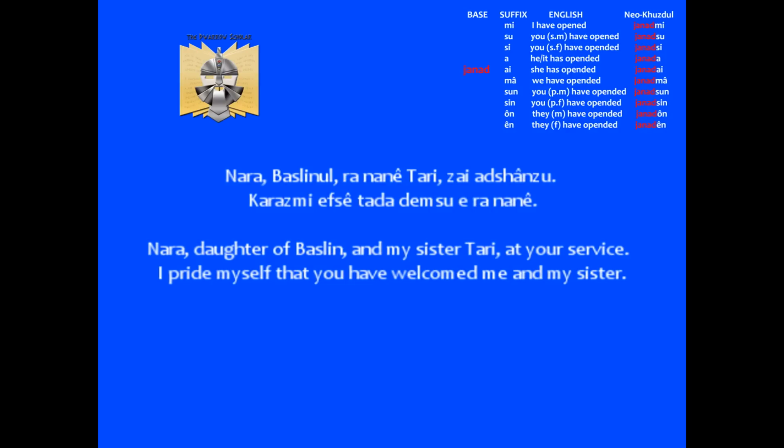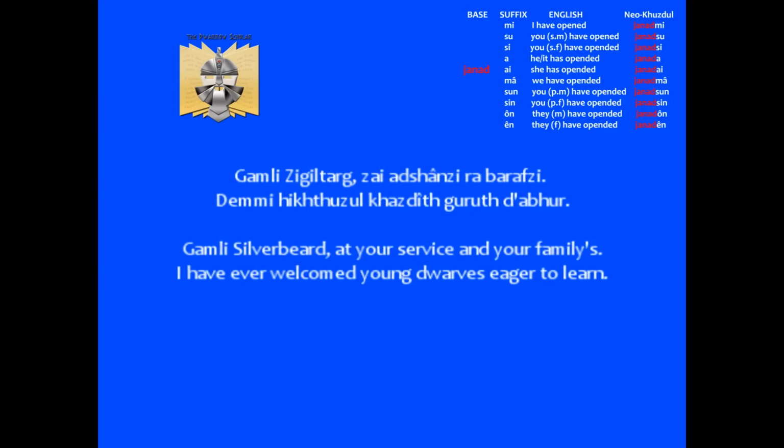It is clear that the dwarves associate their halls with the act of welcoming, as otherwise it would not use the same radicals. How hospitable of them. The conjugated word demsu means you have welcomed, you welcome, a perfect form, the base dem, plus the conjugation su being the masculine version of you, singular version. That is, as Nara is addressing Master Gimli, who happens to be male, obviously.